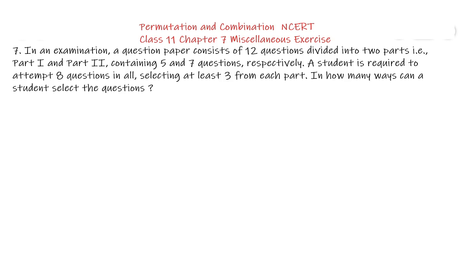A student is required to attempt 8 questions in all, selecting at least 3 from each part. In how many ways can a student select the questions? The student has to select at least 3 questions from each part.